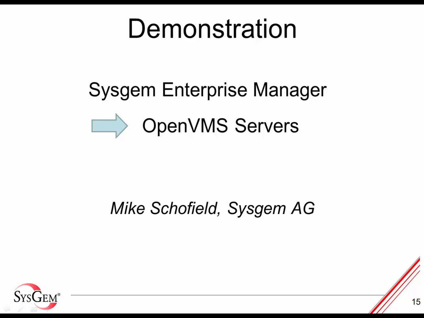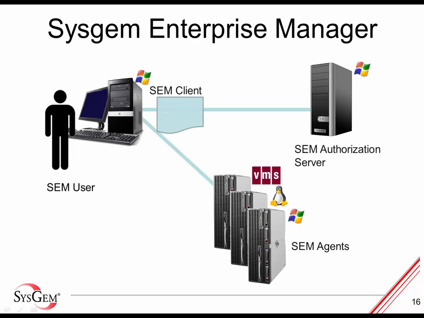So, Shoshana described the agent that runs on the target servers as a script processing engine. And that's an important concept to bear in mind for this demonstration. All transactions start at the workstation and are transmitted to the servers via the authorization server.